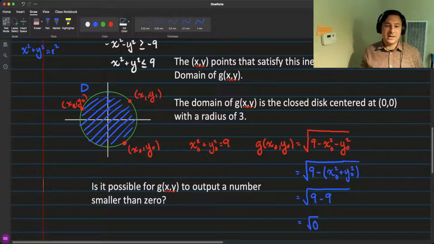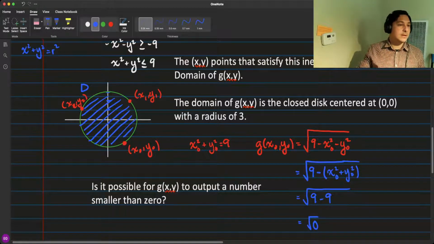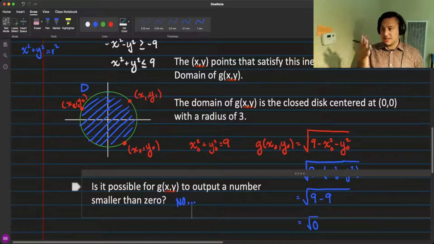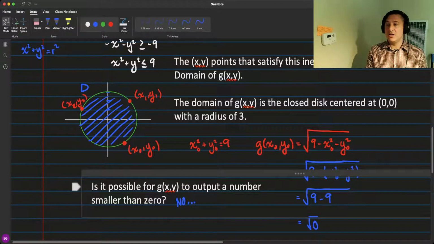If you look at g of x, it does 9 minus the x component squared plus the y component squared, and then it takes the square root. Is it ever possible to get a negative output from a square root? No. So in other words, 0 is the smallest number in the range. It's just facts, because g of x takes the square root of stuff, you're never going to get a negative number.